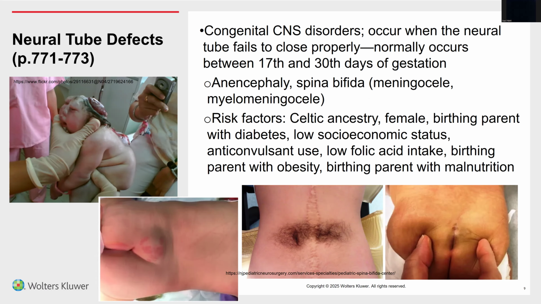So surgery to repair the defect is most often performed in the first few days of life to try to minimize any long-term problems and to decrease the chance of, especially if it's an open sac, infection or anything like that.